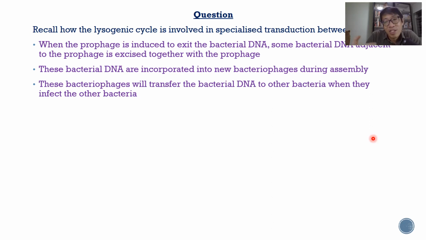It's always the same site. So whenever the adjacent bacterial DNA is pulled out when the prophage leaves the bacterial chromosome, it's roughly the same parts of the bacterial DNA that are removed together with the prophage. That's why it's specialized transduction.